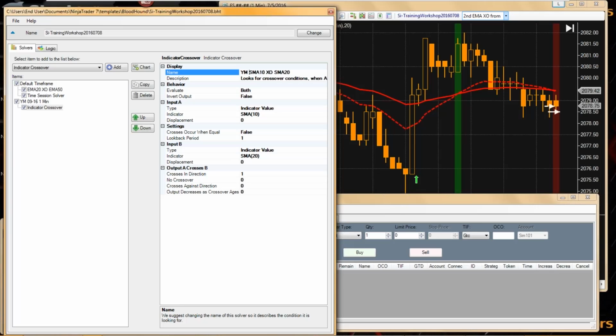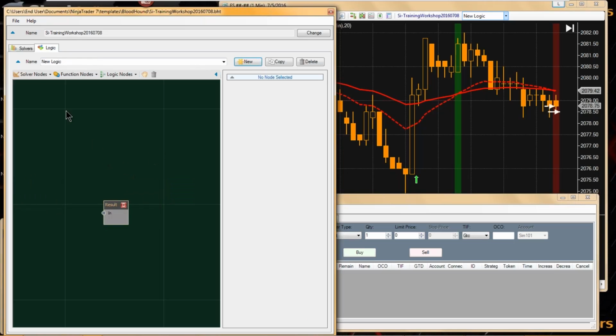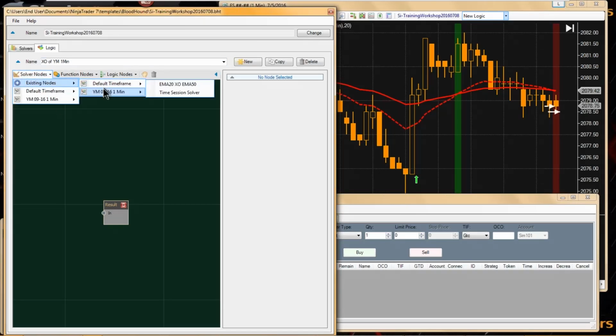And I can just put YM. There you go, YM 1 minute. Like that. Name my solver, and then let's go make a new logic template here. There we go. Throw some kind of name in there. And let's go grab that solver.